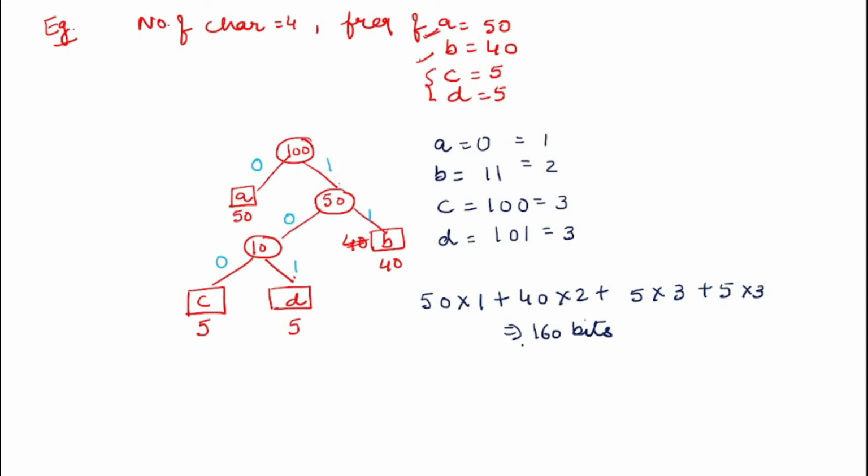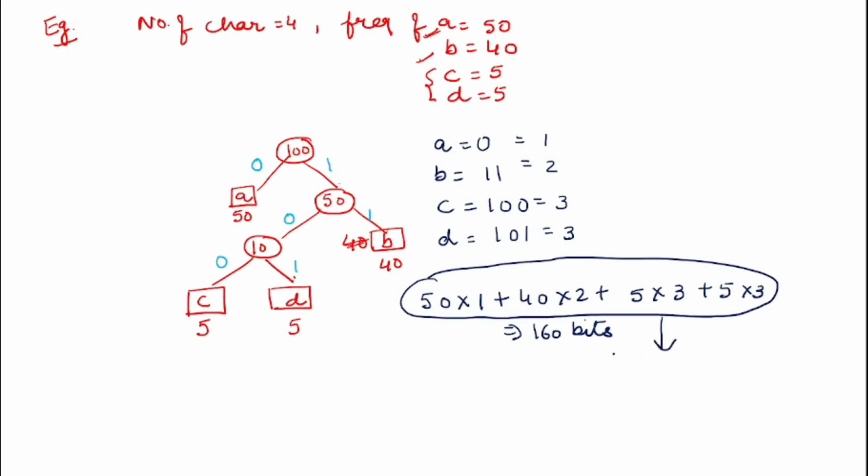Whenever I am multiplying length with the frequency, this is known as the weighted external path length.